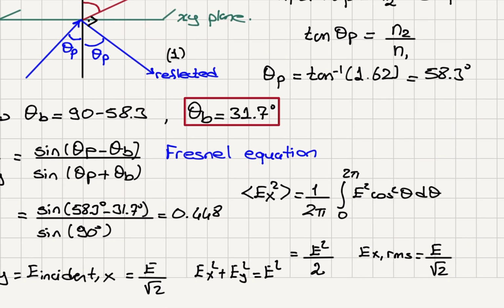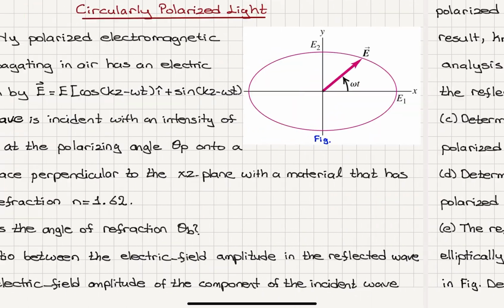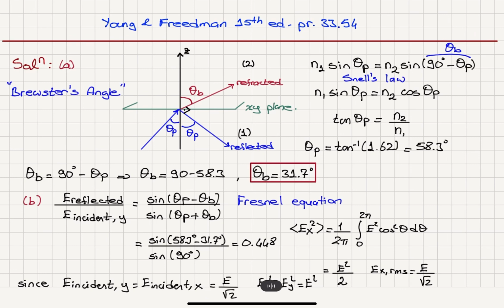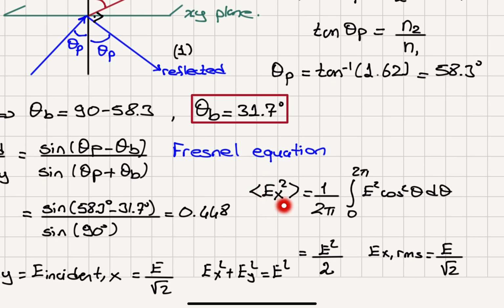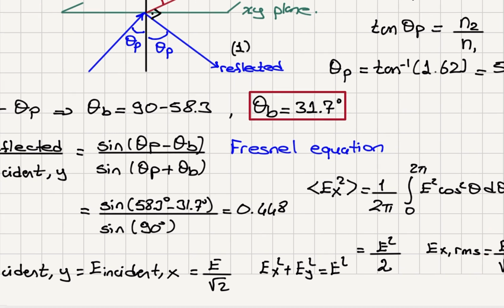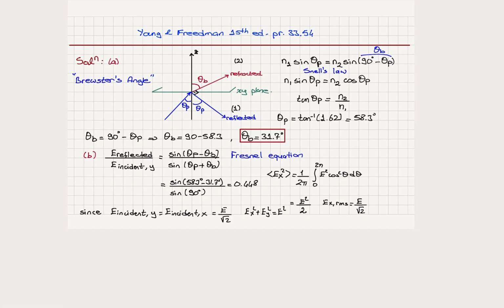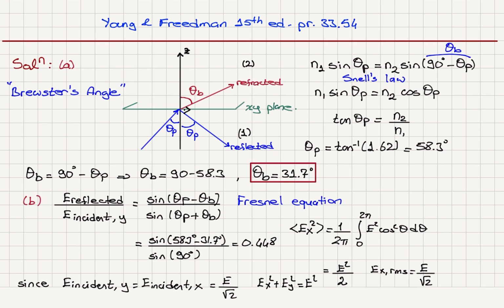And for the incident wave y component, because we have Ex squared plus Ey squared is equal to E squared, that's what I see from this electric field, and the RMS value of the electric field is E over square root 2. So I can see that these two incident wave x and y components should be equal to E over square root 2 for the RMS values.